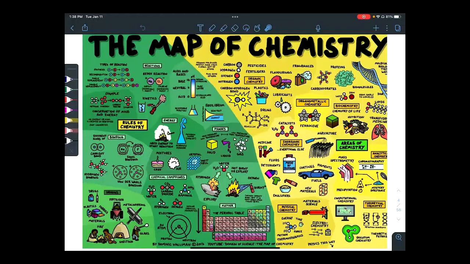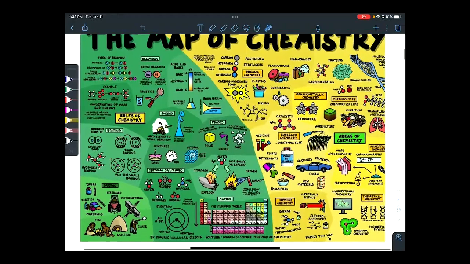And that's basically the foundations of organic chemistry. So I tried to stay the hell away from that, so I went to the other side of the periodic table. So that's just a little bit about me. Okay, so map of chemistry. I think there's places on campus you can print out posters, and you pay by the square foot. So maybe I should print this because I think it's really cool.